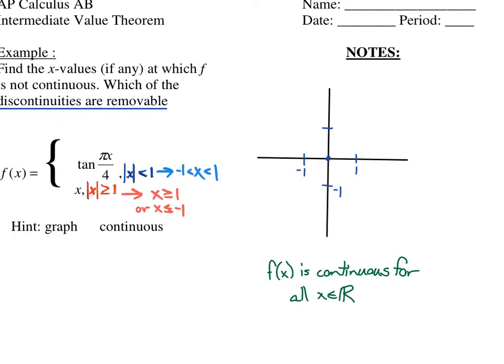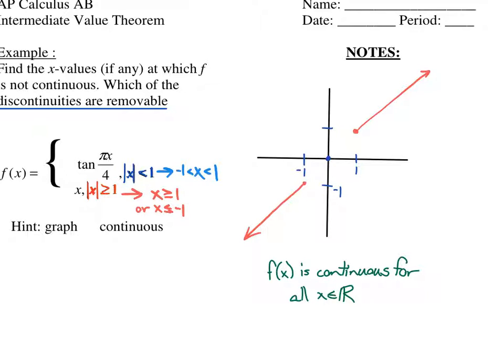We have the line y equals x. It's going to hit the point 1, 1, and it's going to continue to go forever this direction. There's the part where x is greater than or equal to 1. When x is equal to -1, we're at -1, and it's going to go this way forever.